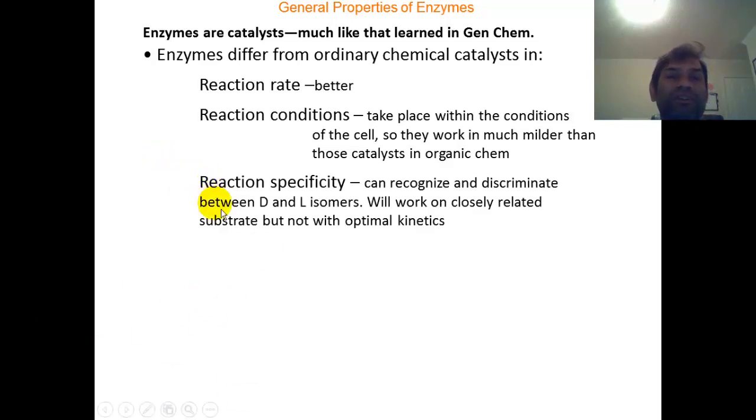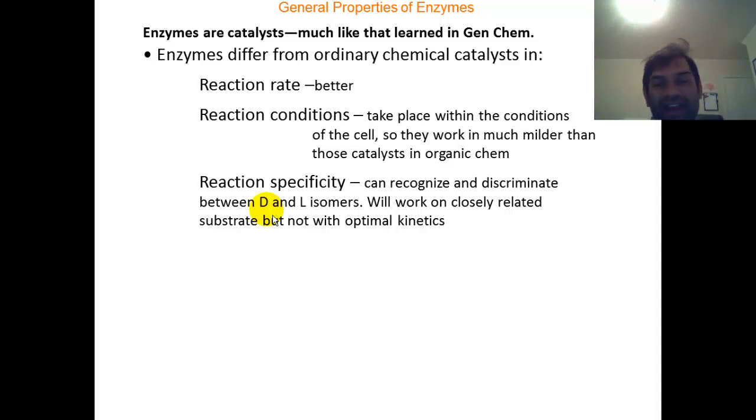Enzymes, in this third bullet point, are remarkably specific. You don't want to hold too tightly to that bullet point, because we do have ways, which are drugs, that can trick an enzyme into taking something other than its cognate substrate. Even though enzymes are remarkably specific for the substrate, in some cases discriminating between a D and L stereoisomer, in some cases, this is all drug therapy actually.